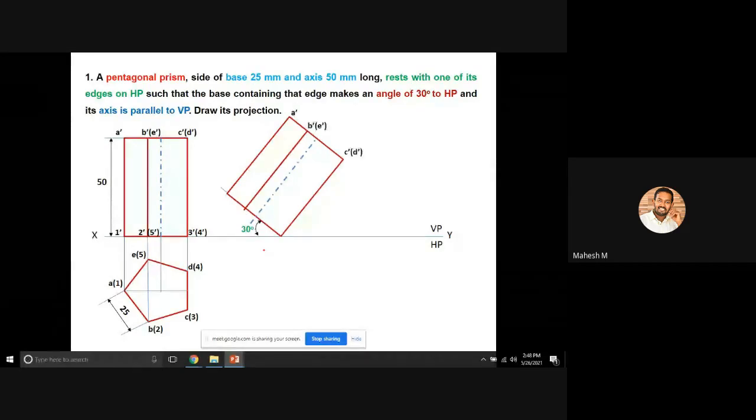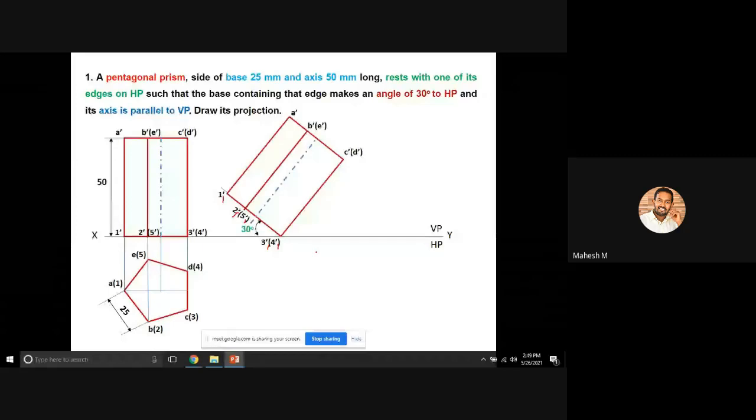Okay, so you can name these points as A1 dash, B1 dash of E1 dash, and C1 dash of D1 dash. Is it clear? Similar to that, the bottom surface should have the names 1 dash, 2 dash of 5 dash, and 3 dash of 4 dash.